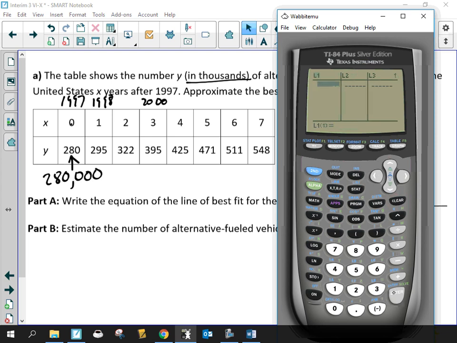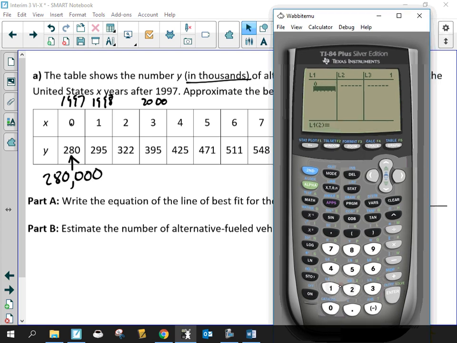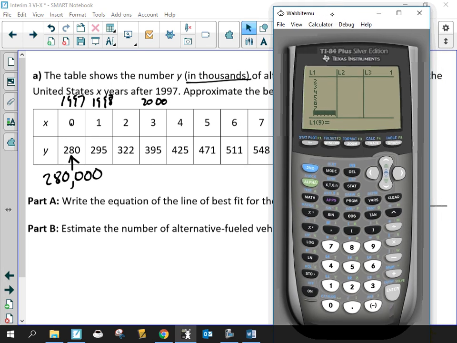Then we put the data in. 0, 1, 2, and that's 280, 295, 322, 395, 425, 471, 511, 548. So now we have the data in our calculator.